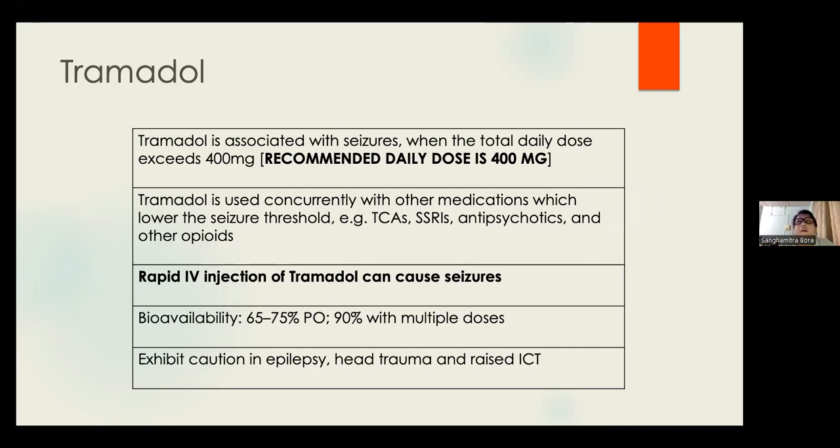Generally, we do use tramadol, but we dilute it with around 10 ml of distilled water and give it at a very slow rate. So that is how we do it.